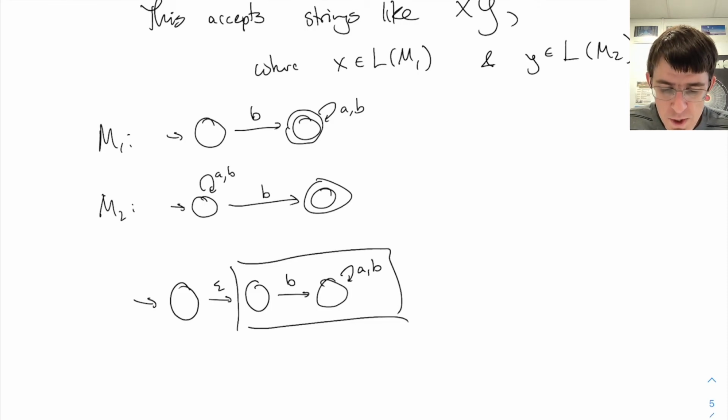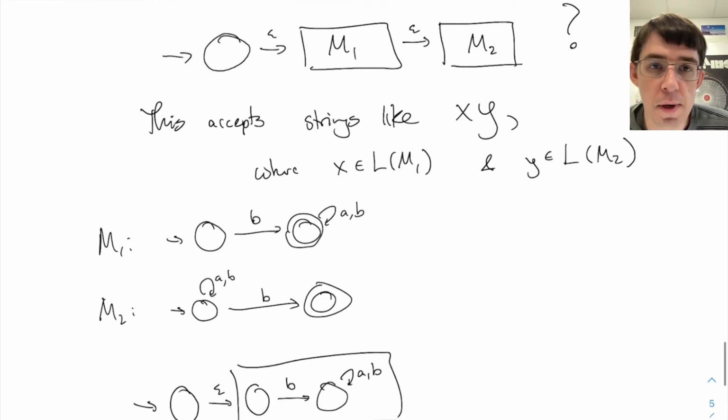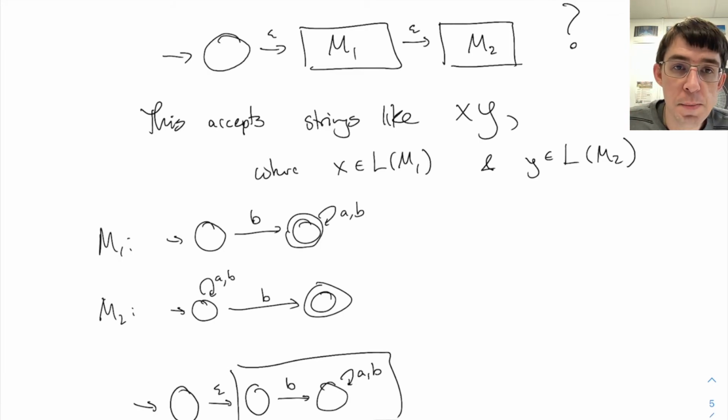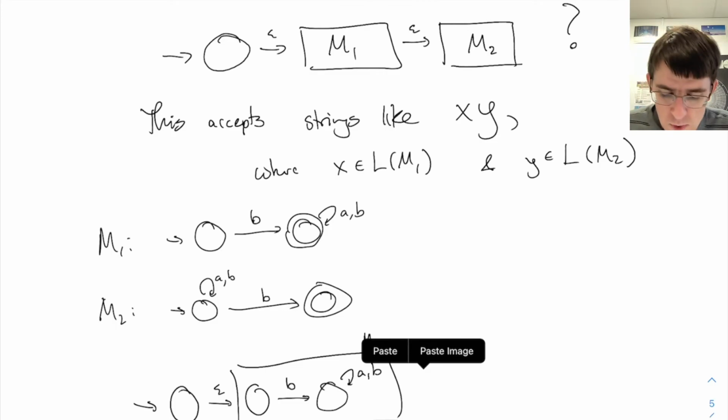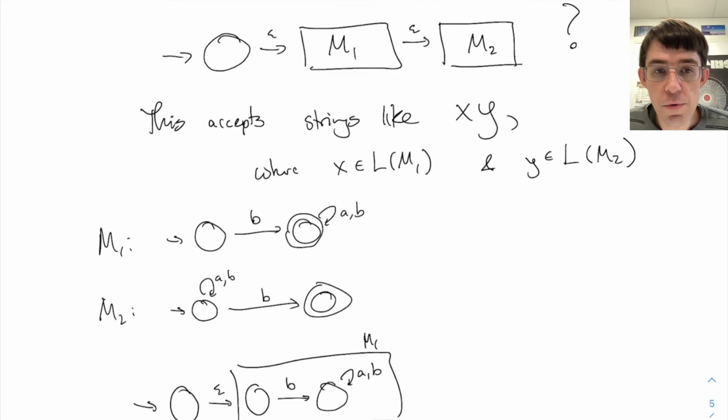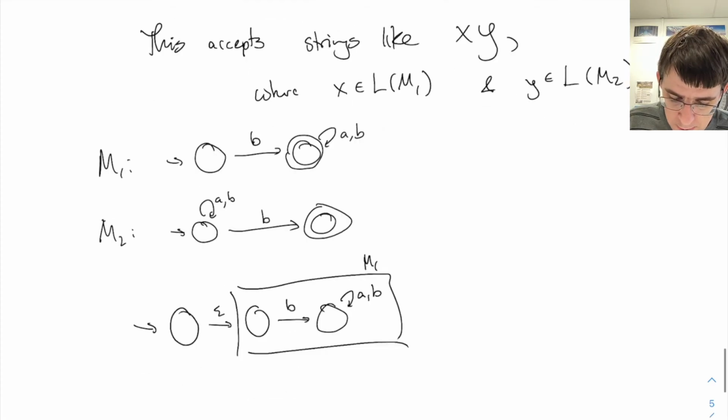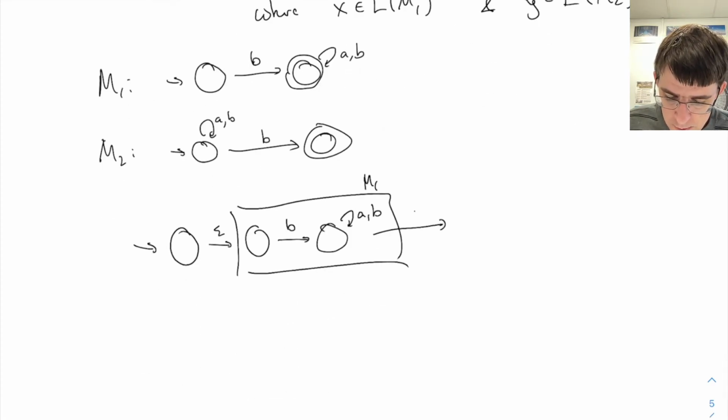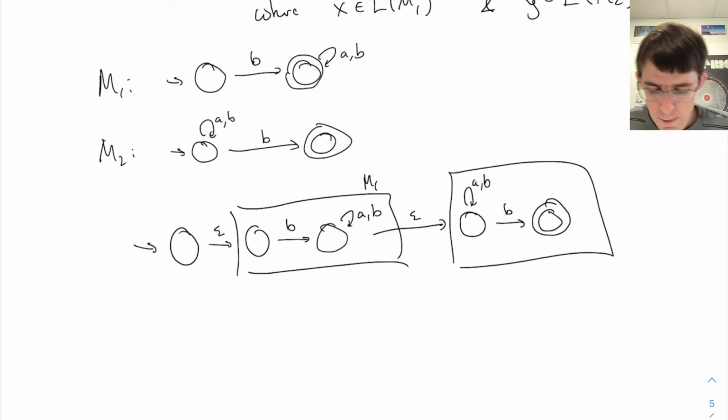My intention is to tie them together like you see up there. I do the first machine first. This is M1. Then I send the output of that immediately through M2 also, so I put an epsilon into the starting state of M2, which is this guy. And then finally, it will be accepted over here. This is M2.